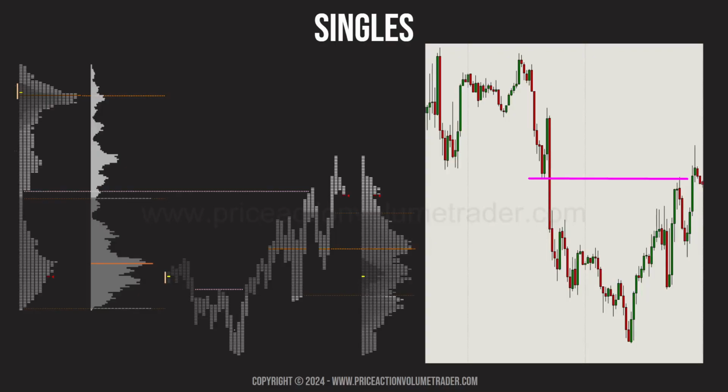Okay, here's another example. We have a chart here. Market came down, and then we had a very aggressive move down, leaving this gap right here, which is exactly this right here. Okay, and you can see how then we have the singles extension line.